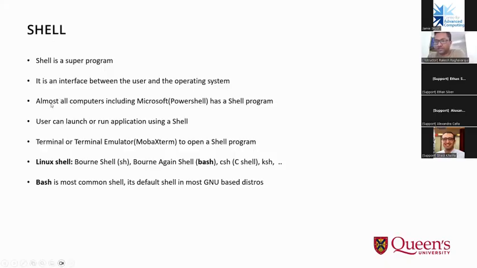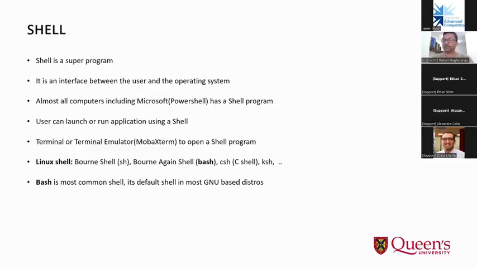Almost all computers these days, even Microsoft, have some sort of shell program installed. If you are talking about Linux or Unix-based systems like Mac OS, you have something called a terminal. When you open a terminal, you will be given a particular shell program called bash shell, which is the default in most Linux systems.